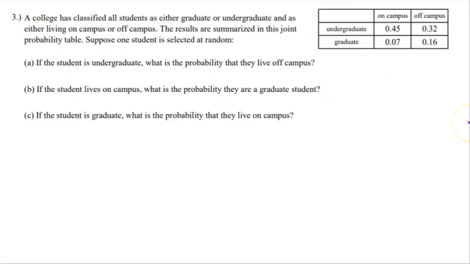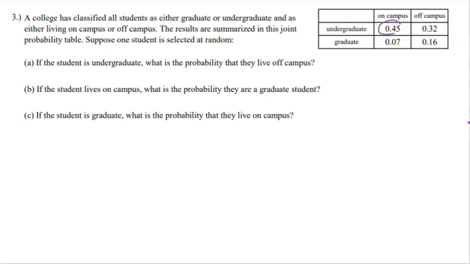All right, so now we have a college that has classified all their students as either graduate or undergraduate, and as either living on campus or living off campus. The results are summarized in this joint probability table. Suppose one student is selected at random. Do you see this 0.45 right here?